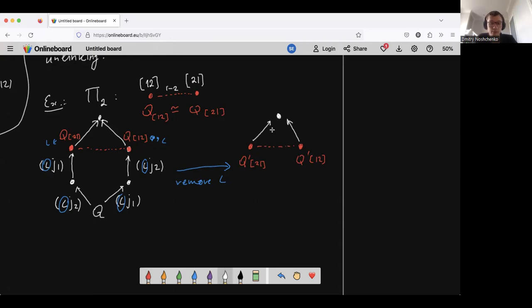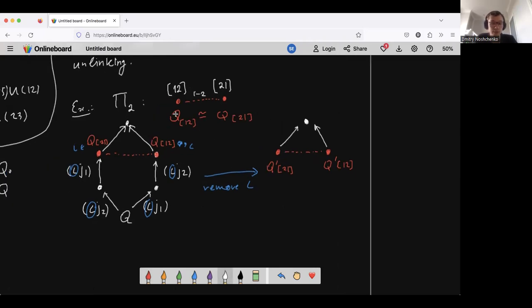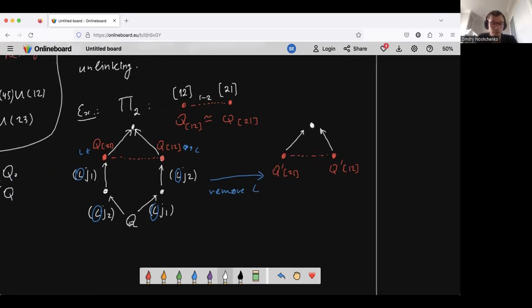And the reason for that is that, by removing iota, we essentially cannot complete this diagram because here we had a step which involved iota. So this unlinking involves iota, this unlinking also involves iota, and if you remove it, then this is forbidden. So we just get rid of all these quivers that we have on the bottom.